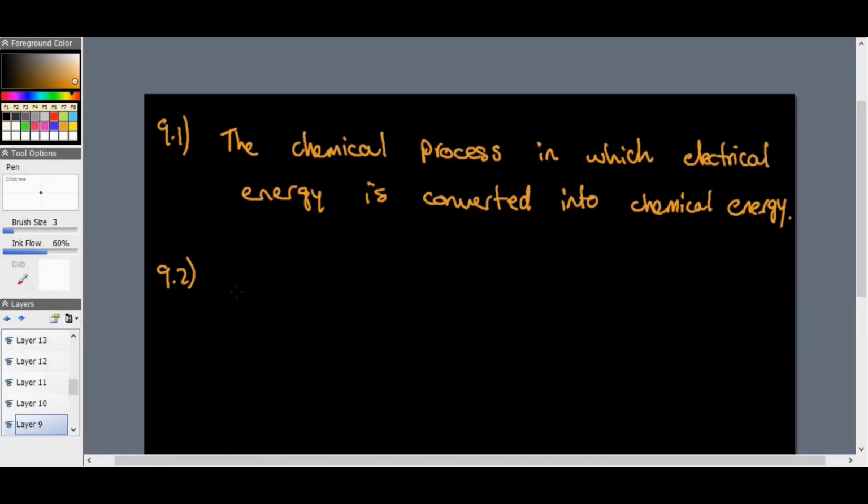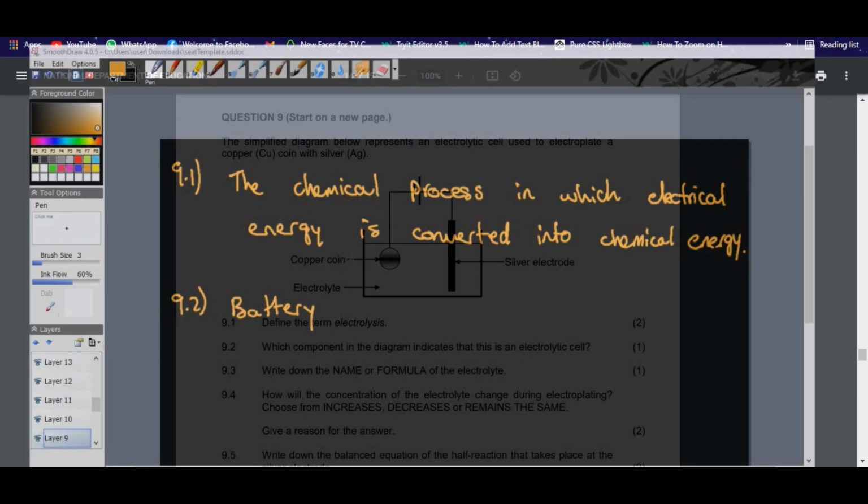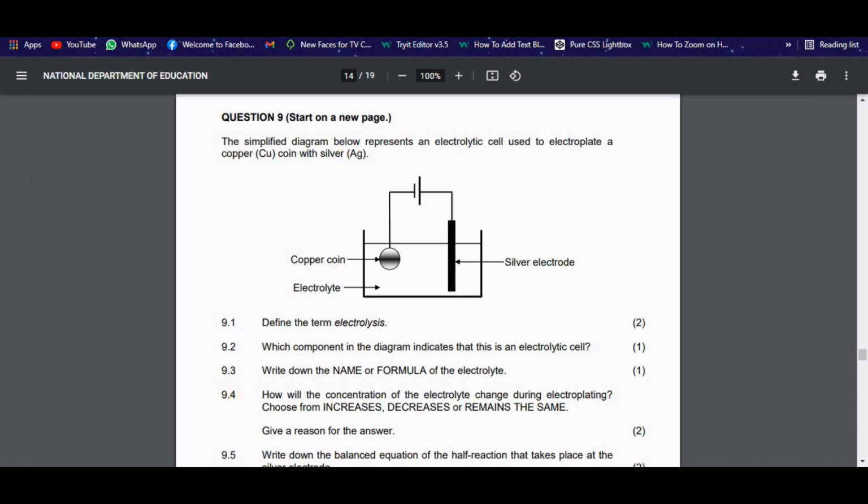Okay, I'll say the battery that we see there. This component here indicates that it is indeed an electrolytic cell. If you said power source as well, also would have been acceptable, because that's what a battery is, or a cell is. It is a power source after all.